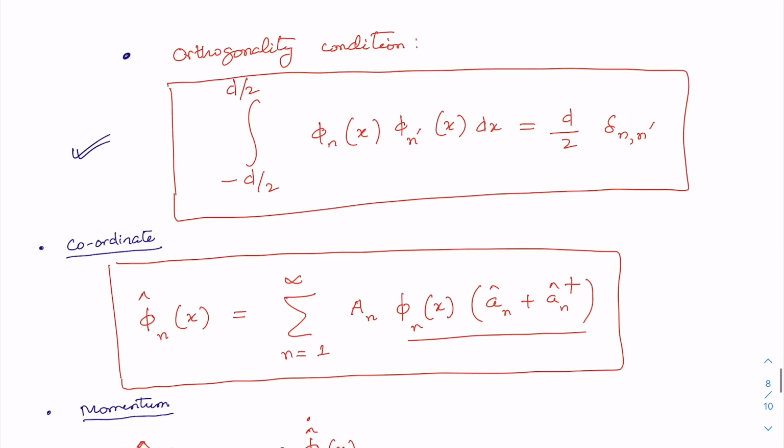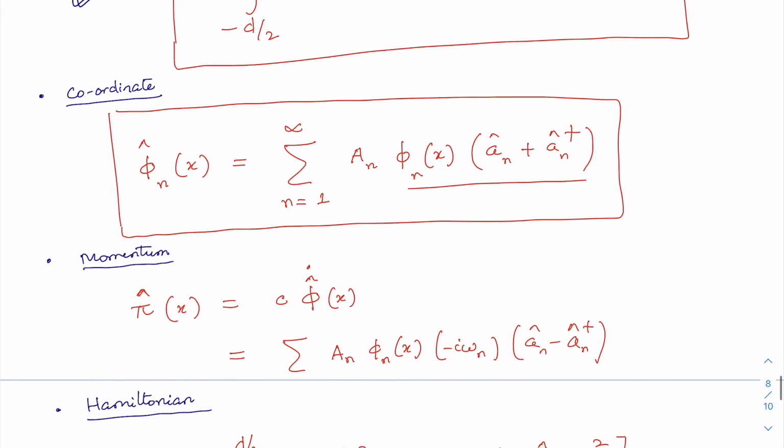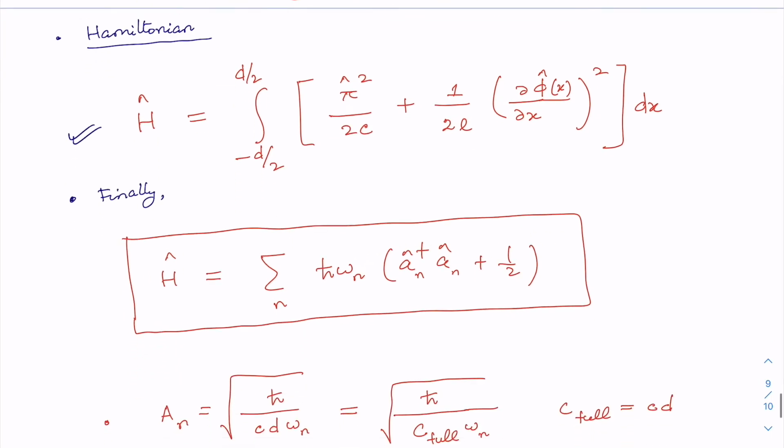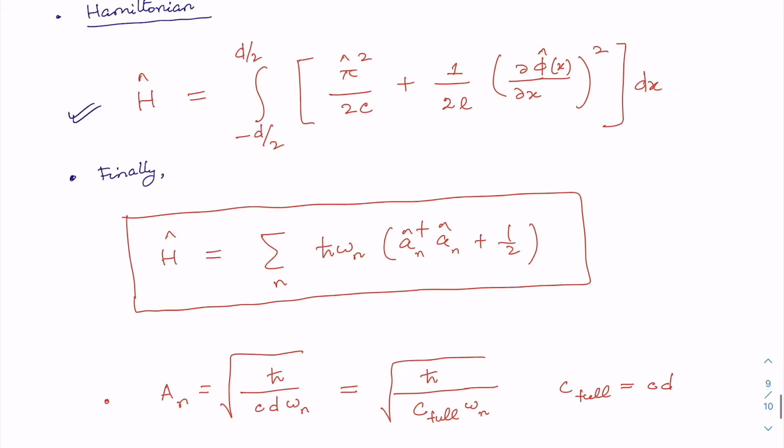Using all these things and taking our coordinate like this and the momentum like this, now we are actually taking the continuum model. And if we put everything in this Hamiltonian, then we finally obtain that the Hamiltonian for the transmission line resonator can be written as a collection of independent harmonic oscillators.